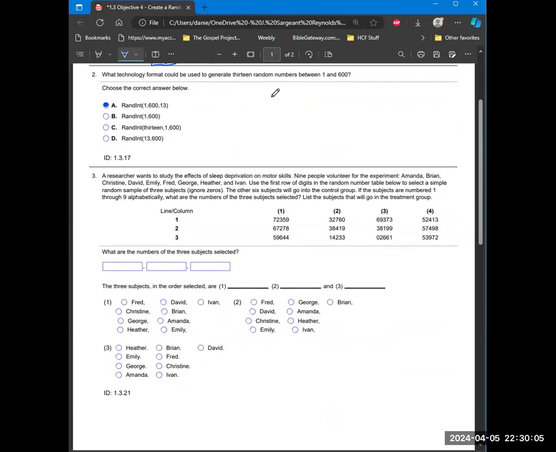Know where your random number generation features are in the calculator that you use for your class, and the difference between the different types of random numbers that you can generate, such as just a random number that is usually going to be between 0 and 1, or how to get a random integer.